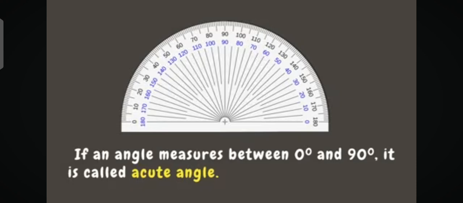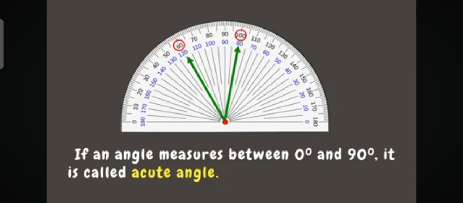For example, an angle measuring 30 degrees is an acute angle since it falls between 0 degrees and 90 degrees. Also, a 75-degree angle is an acute angle since it's less than 90 degrees. Another one, we can see here an angle that is between 60 degrees and 100 degrees.